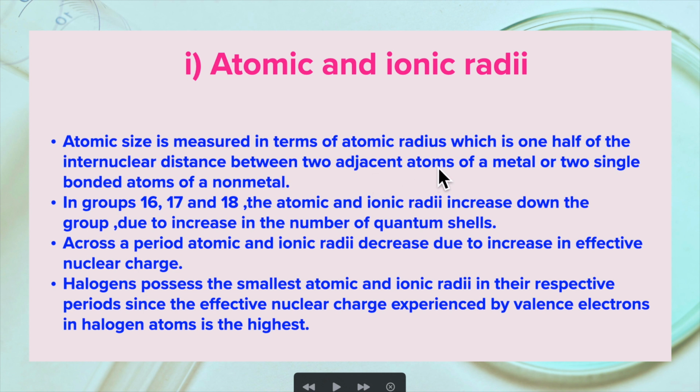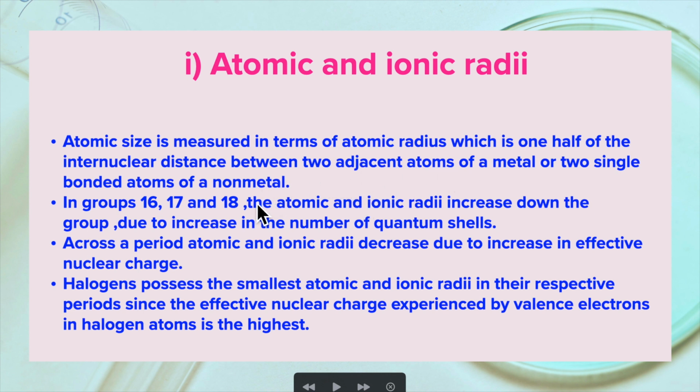For a metal, take two neighboring metal atoms; the distance between the two nuclei, half of this distance is called the atomic radius.